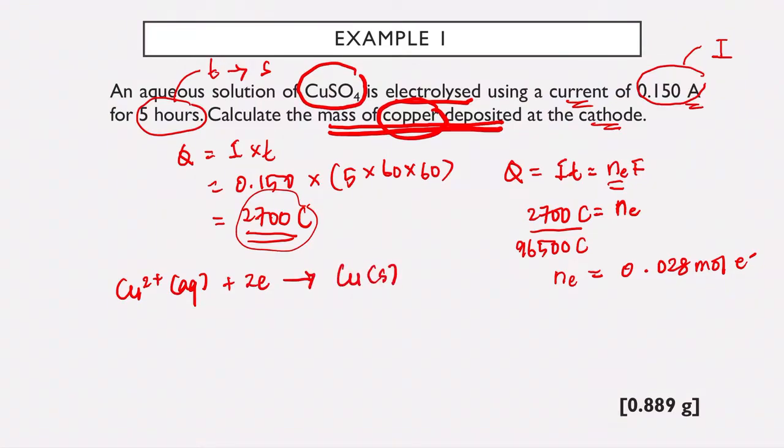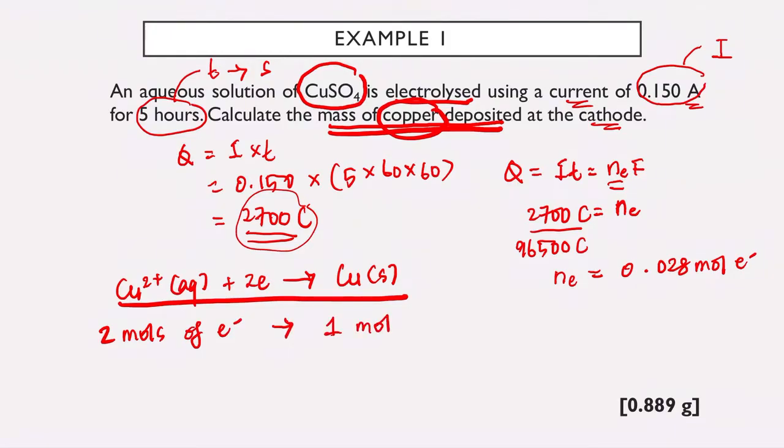From this equation, we are going to relate the mass, the product formed, and electric charge using stoichiometry. In this reaction, 2 moles of electrons will produce 1 mole of copper.